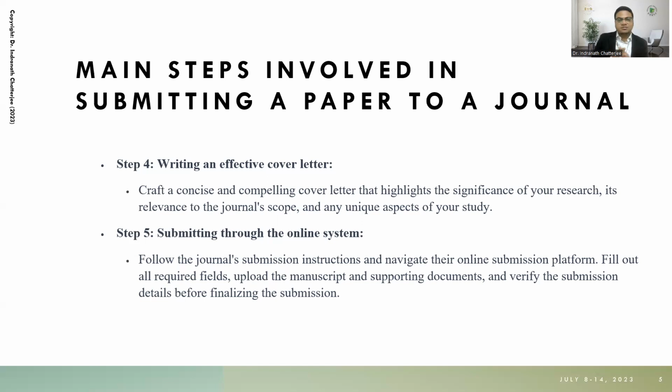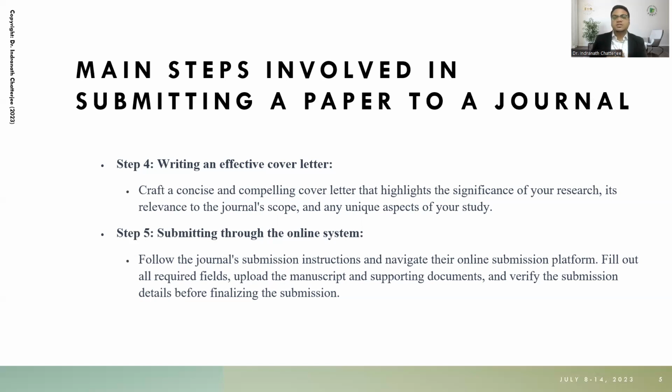And the final step, step 5, is submitting through the online system. Follow the journal submission instructions, navigate their online submission platform, fill out all the required fields, upload the manuscript and supporting documents, and verify the submission details before submitting the paper to the particular journal.